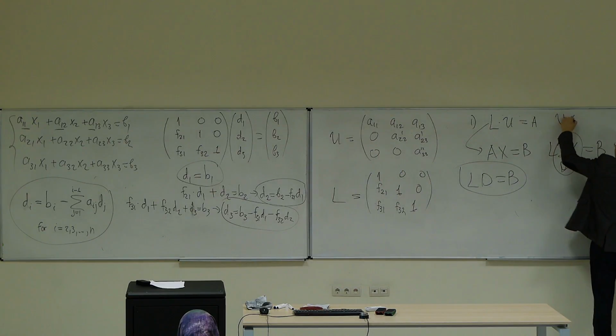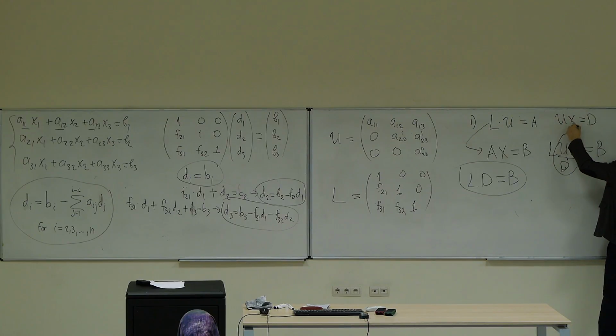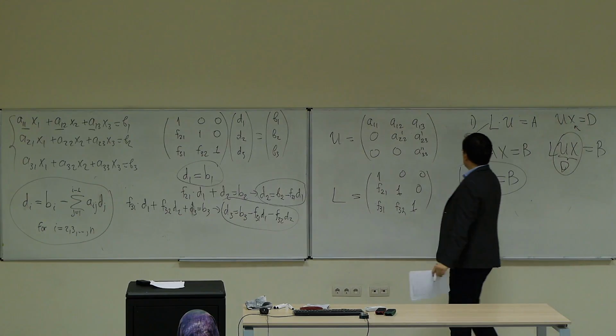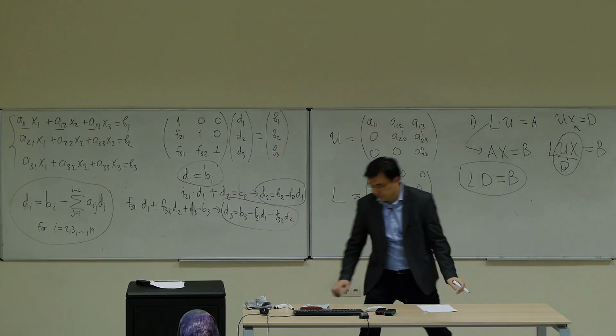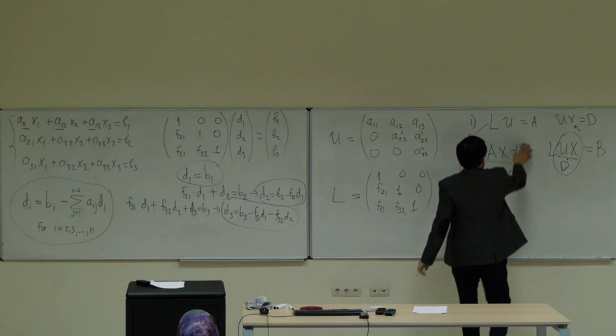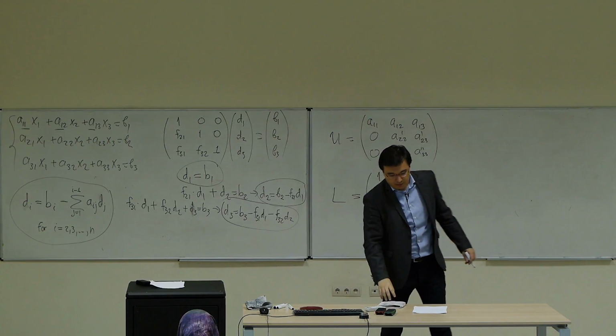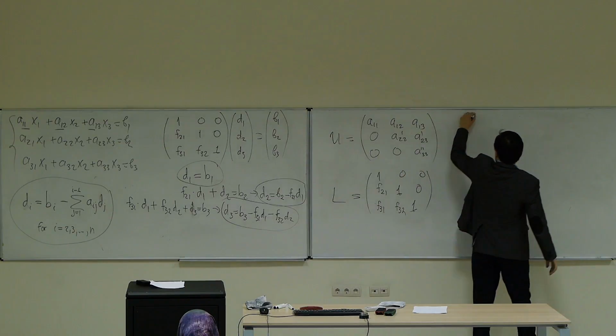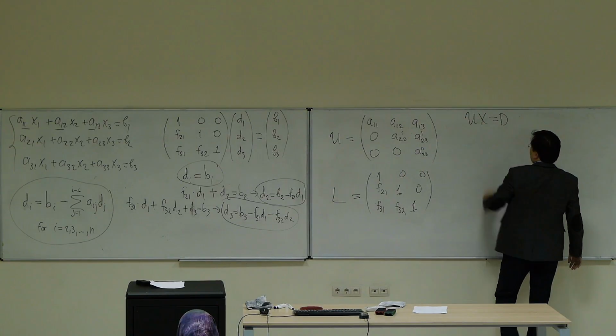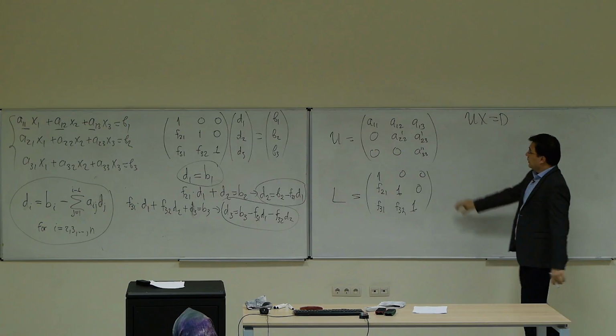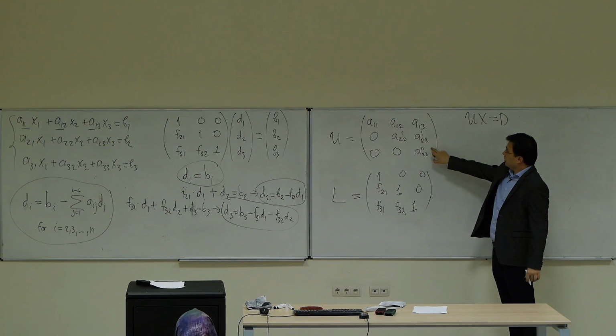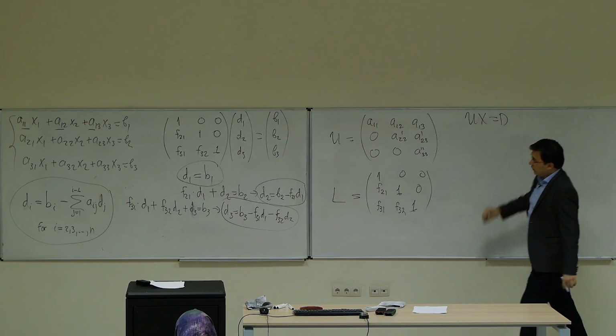The final step now is to find x from this part. Ux is equal to d, and from that I need to find x. Let's do that right here. So I'm doing the final step, backward substitution, Ux equal to d, and I have to find x. Here is my matrix U, and I already found d.